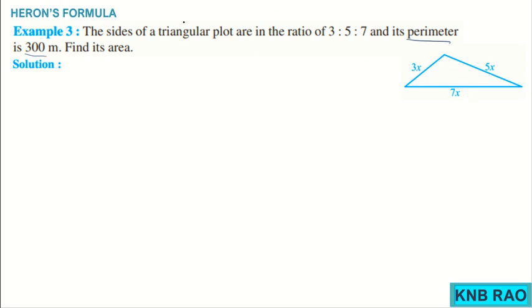What is this x? See children, whenever we have got a ratio given, we always assume the ratio constant with some variable. So let the ratio constant be assumed as x, thus one of its sides becomes 3x, the other side becomes 5x, and the third side becomes 7x.